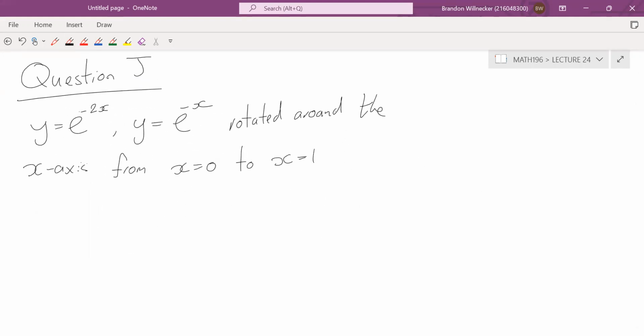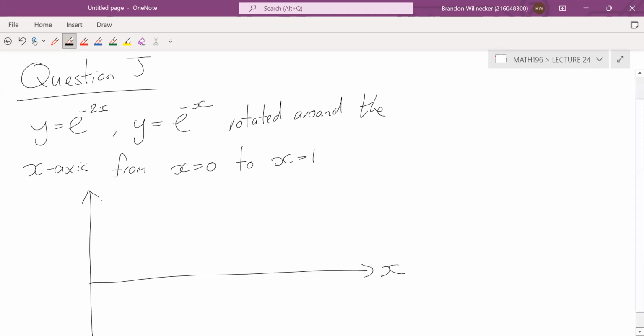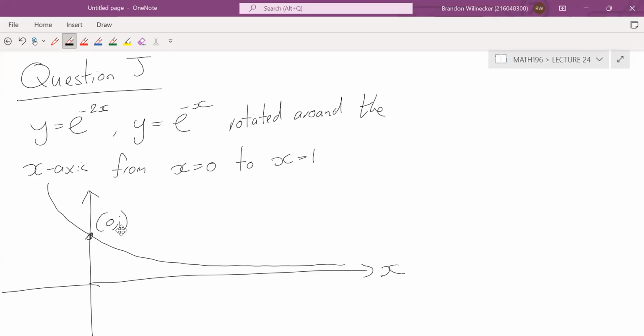Okay, so let's just draw a little sketch of what's going on here. So e to the minus x, that's going to look something like this, where it passes through 0, 1. E to the minus 2x is going to look very similar, but it's going to have a much steeper slope.